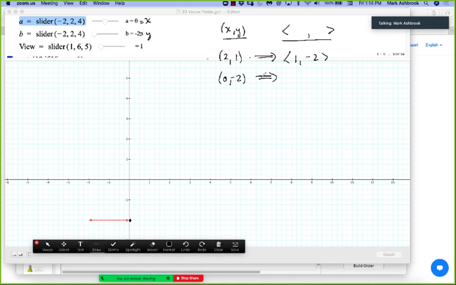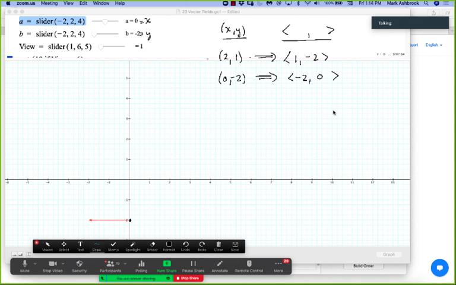So the independent thing, the multivariable part of this, is the location in the plane, 0, -2, and at that location, the function assigns a vector. What vector did it assign? -2, 0. Okay, let's do another one.